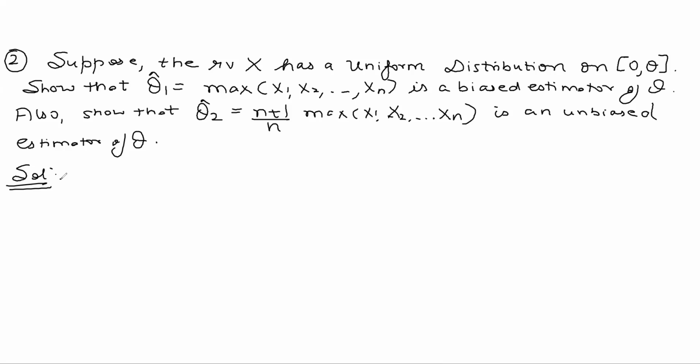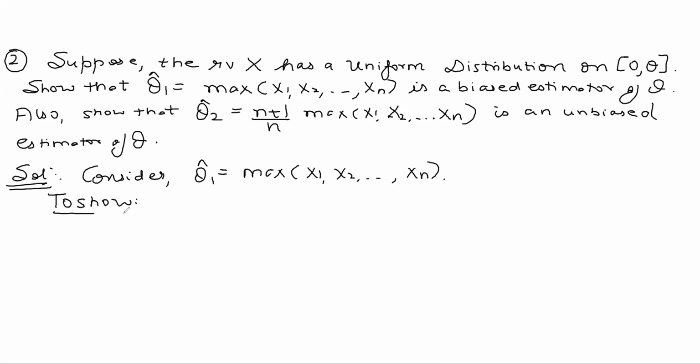So let's first consider theta 1 hat, which is max of the sample values x1, x2 to xn. What do we need to show? We need to show that expected value of theta 1 hat is not equal to theta. That is, theta 1 hat is a biased estimator of theta.